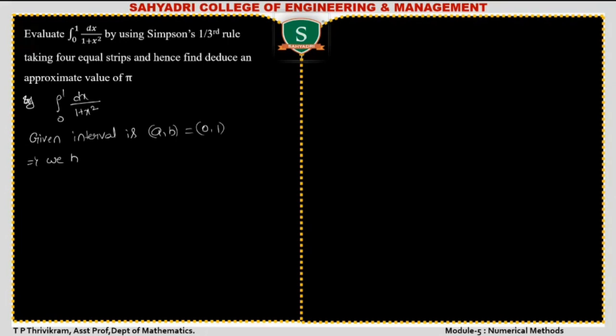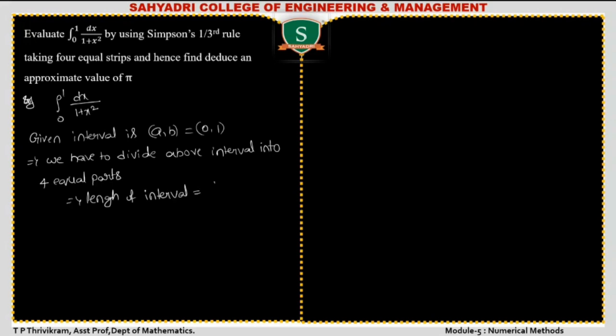We have to divide the above interval into four equal parts, so the length of the interval is (b minus a) divided by 4.